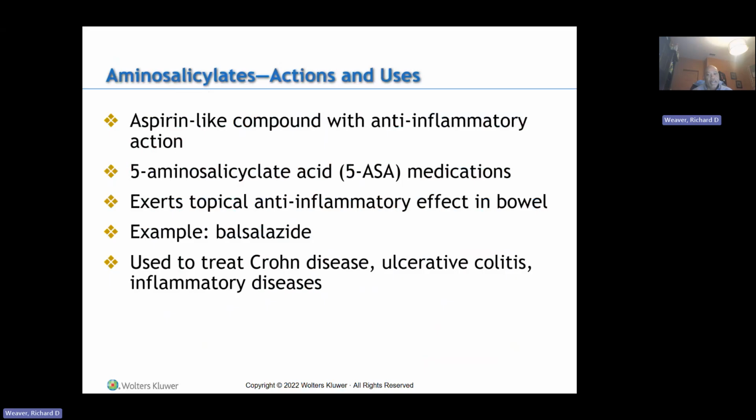Now, of course, when you go back to the learning outcomes, it speaks to knowing about the mechanism of action. And as you can see here, the mechanism of action is not known. For this particular medication it is not exactly known, but it does seem to have an anti-inflammatory action, right?